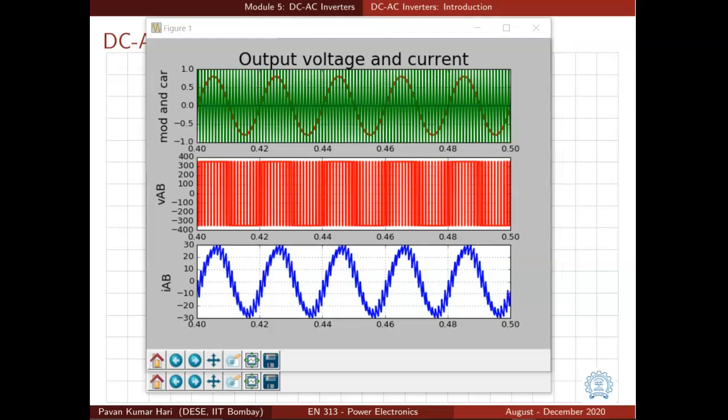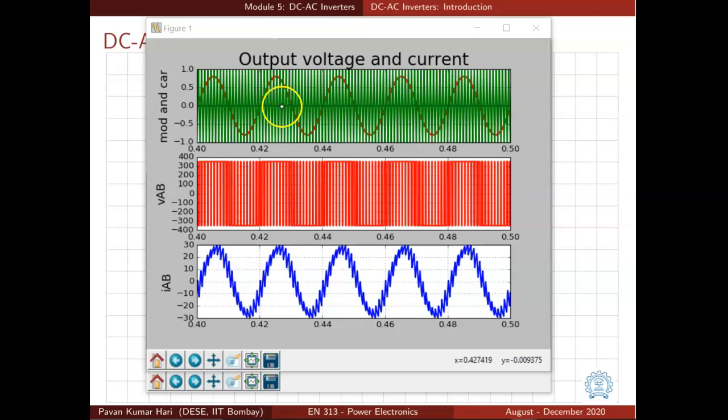So instead of calculating the switching angles offline, now we want to do real time PWM. That means switching instants happen on the go. They are not pre-decided. And how is it done? It is done using bipolar sine triangle PWM.